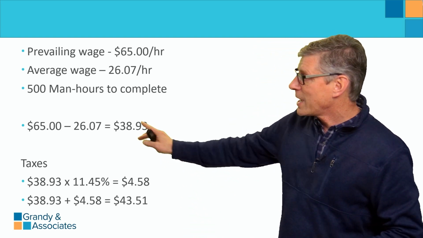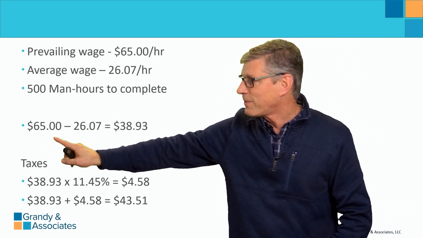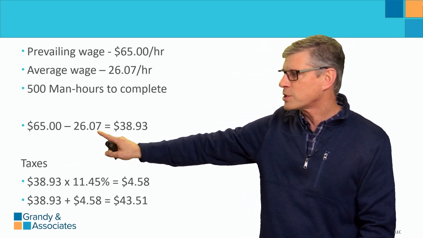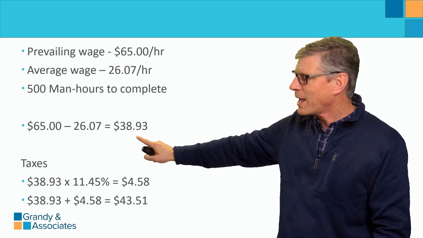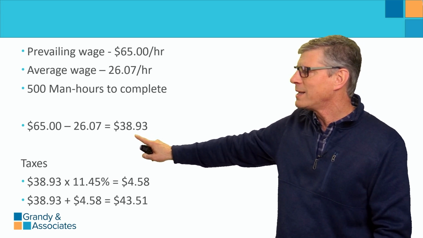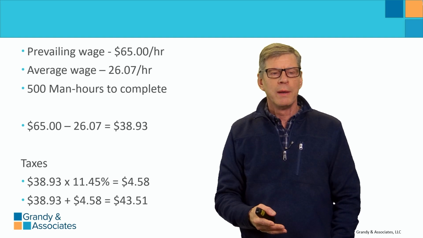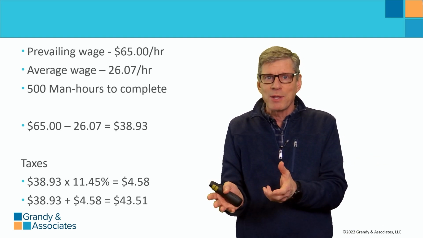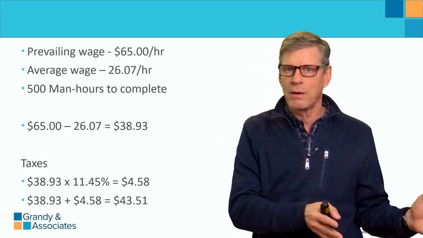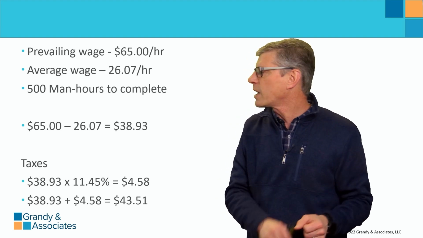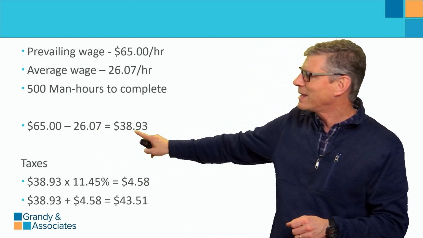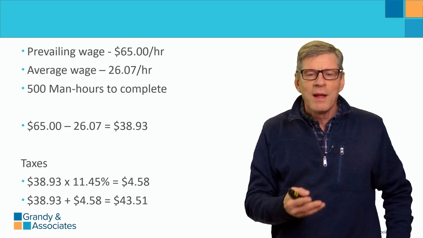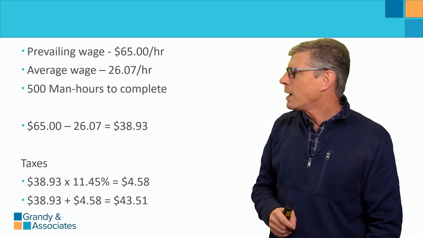I'll simply take that prevailing wage of $65 per hour minus the $26.07. I have a discrepancy, or an adder, that I need to give to my guys of $38.93 per hour. Now, remember, you have to pay company matching taxes even for that adder. The software will take care of the company matching taxes for the first $26.07. We need to add in the company matching taxes for the adder, that $38.93.